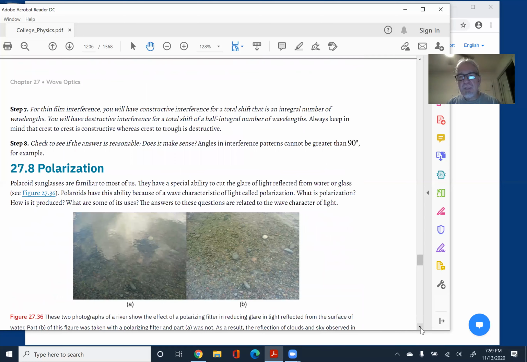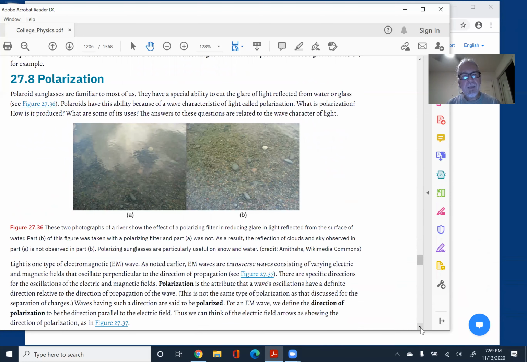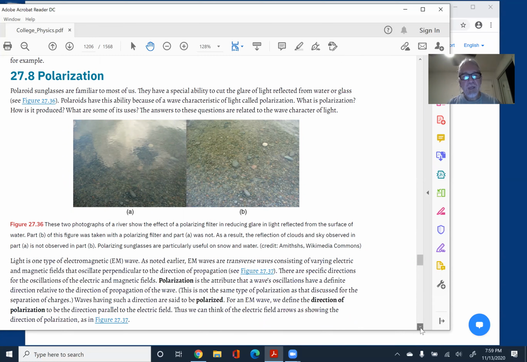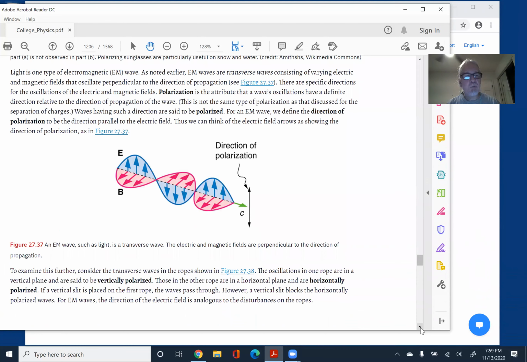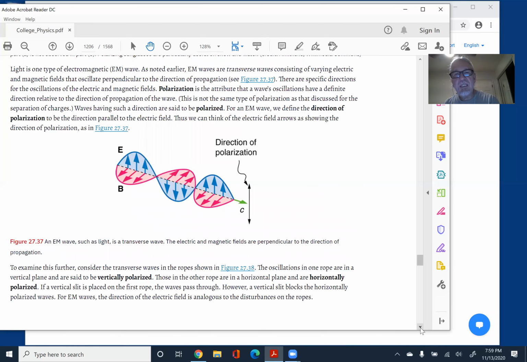There is one more, which is polarization. You probably have heard of it, polarized lenses and so forth. Polarization comes about because when light is traveling in a certain direction, say here it's going mostly to the right, we have, as we saw a couple of chapters ago, I think in chapter 24, perpendicular electric and magnetic fields.